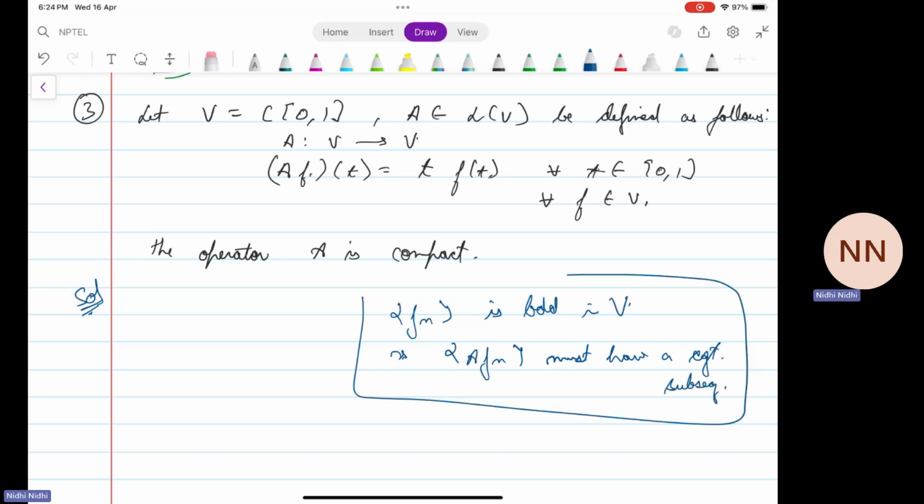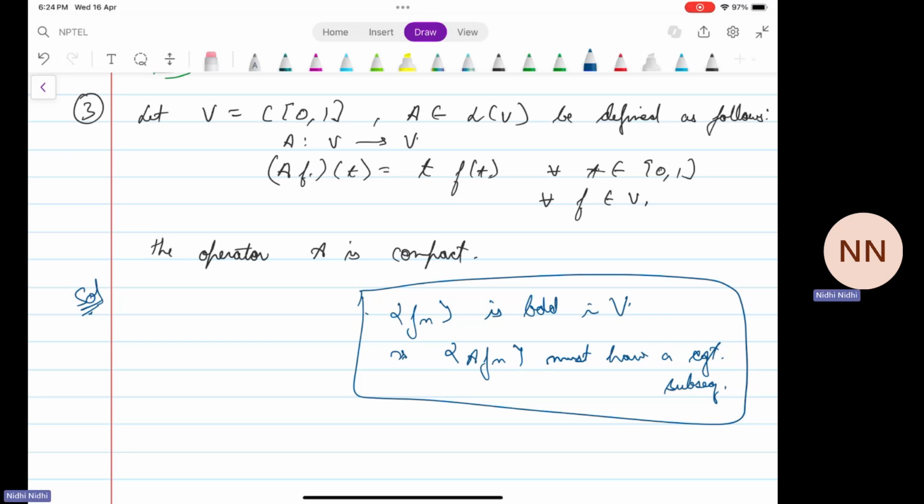So we'll be proving by contradiction that A is not compact. That means we'll search for a sequence Fn which is bounded in V, but AFn can never have a convergent subsequence.